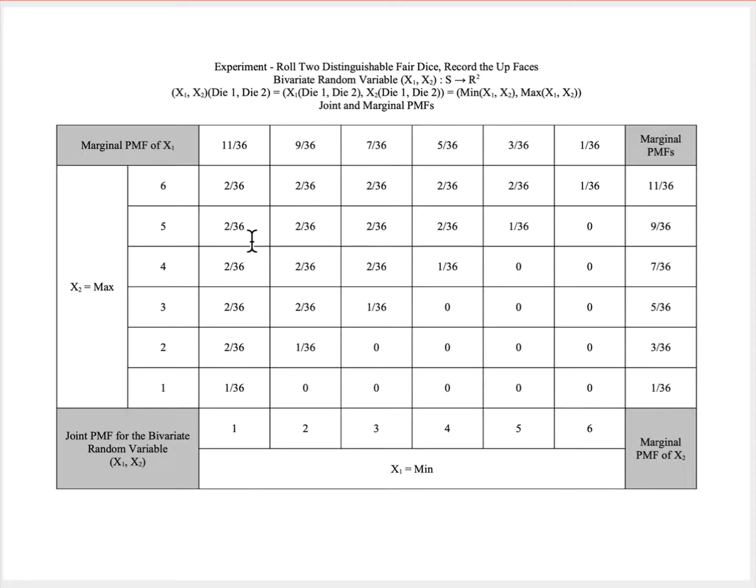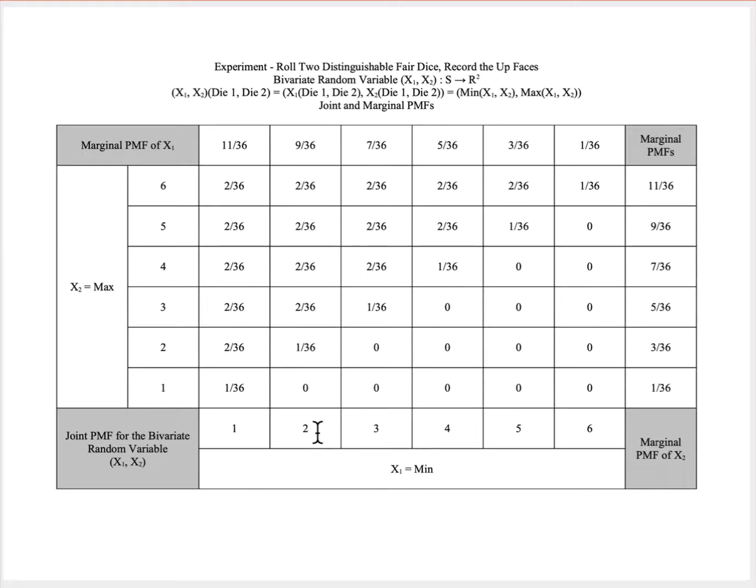Now, in addition, in the margins of the table, we have the values that are taken on by the marginal PMF. And so the values up here in the column totals at the top are the values taken on by the marginal PMF of x1. For example, the marginal PMF of x1 evaluated at 1 is equal to 11 over 36.